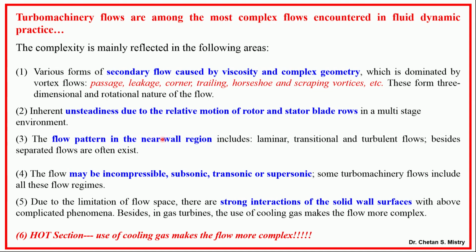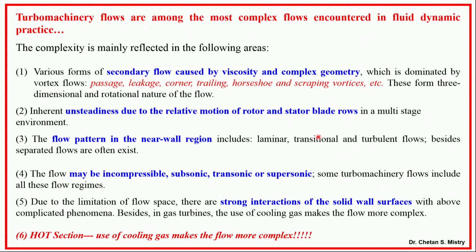Now, the flow pattern near the wall region, if we look, we will have laminar flow, maybe transition flow, maybe turbulent flow. Okay. Now, on the turbine blade, what do you prefer? Do you want turbulent flow on the suction surface or laminar flow on the suction surface?